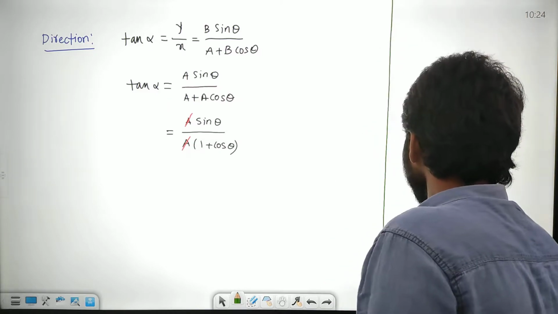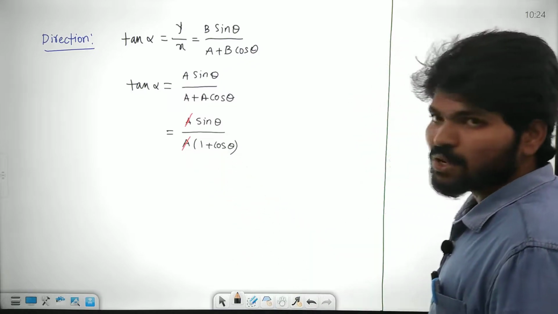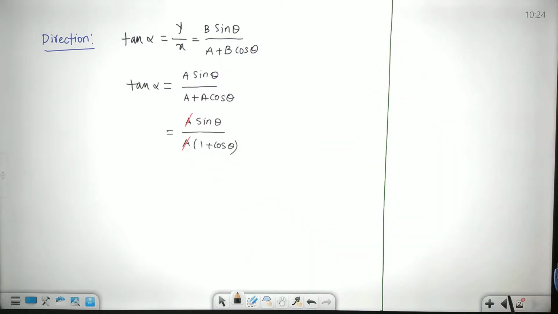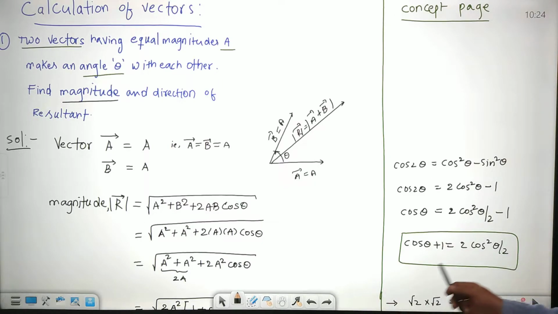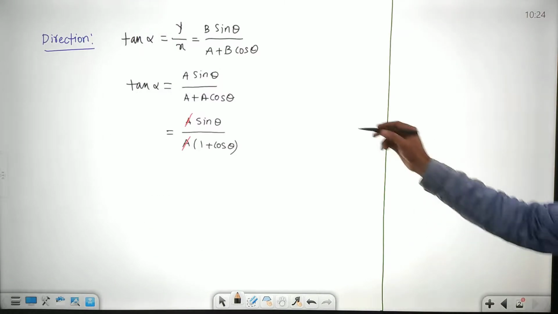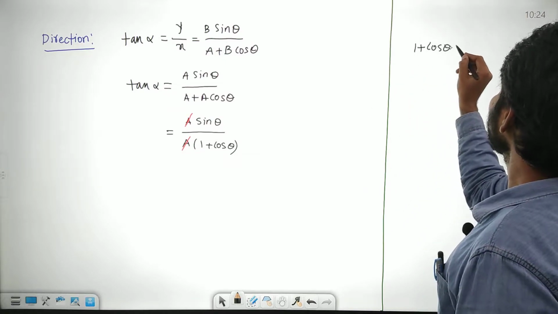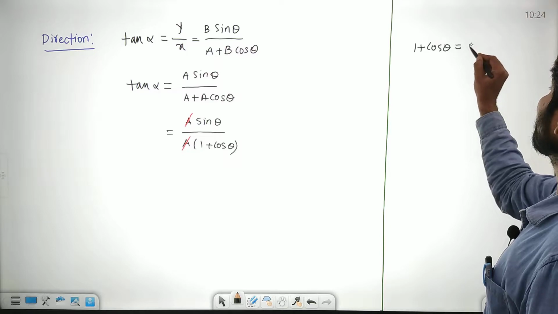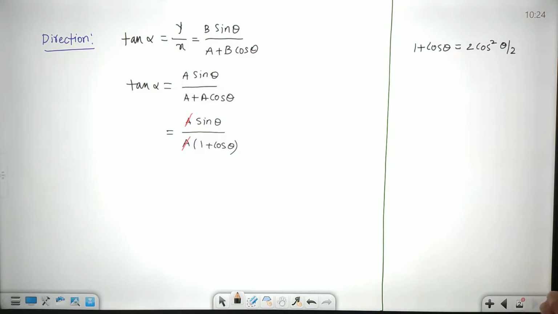This is the concept page, right? I already explained: 1 plus cos theta can be written in the form of 2 cos square theta by 2.